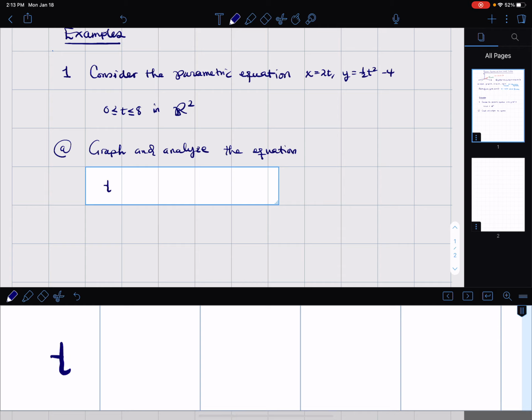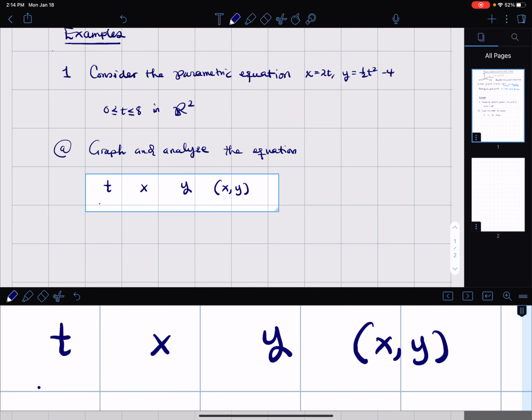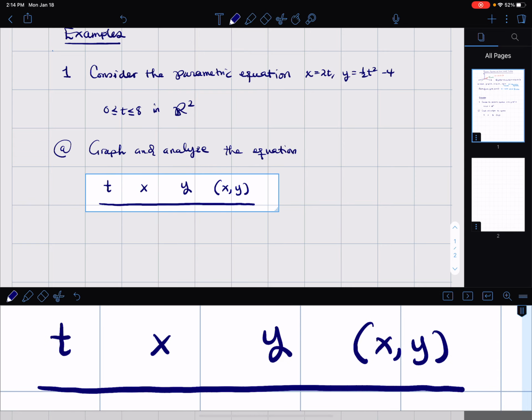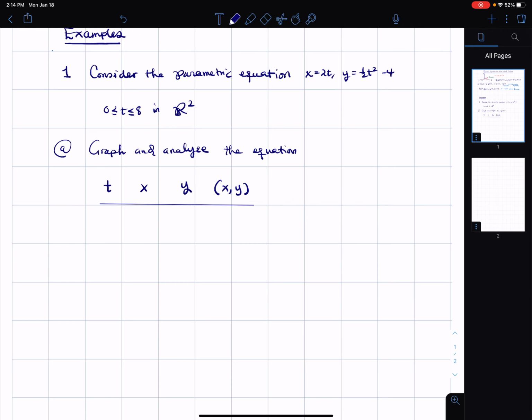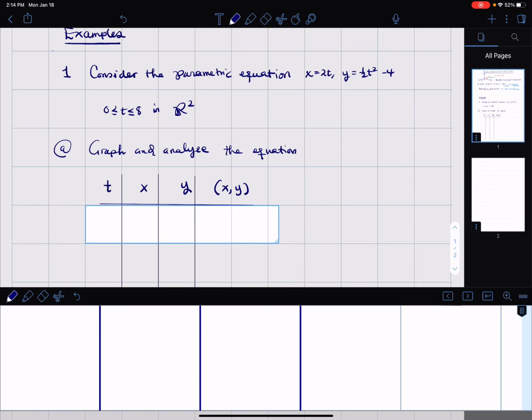So this is t, this is x, and this is y, and then the point x, y. Okay, so our values are between 0 and 8.